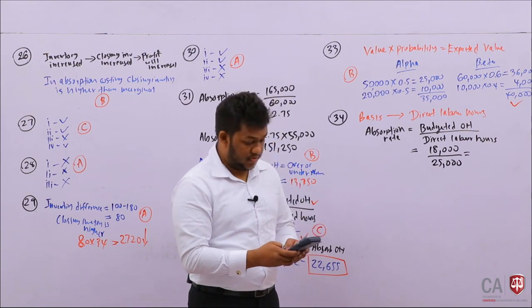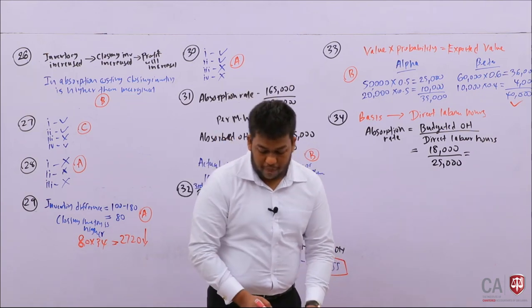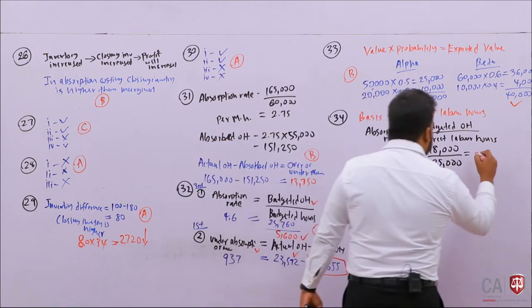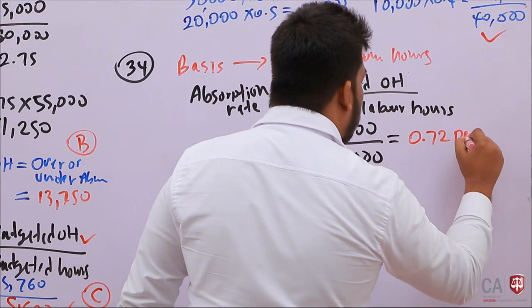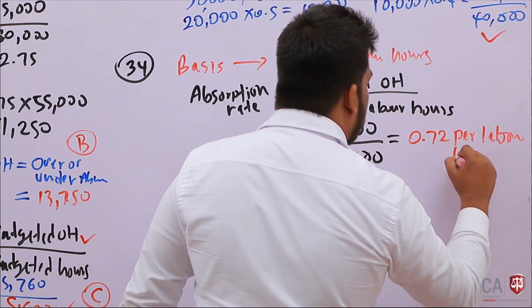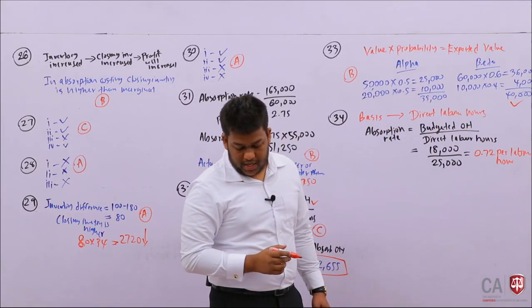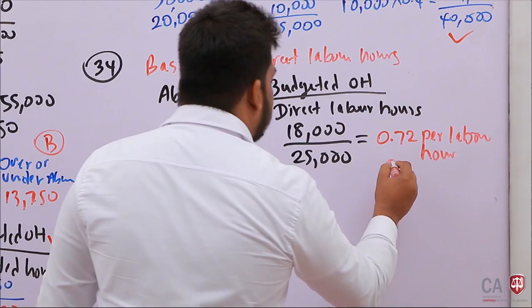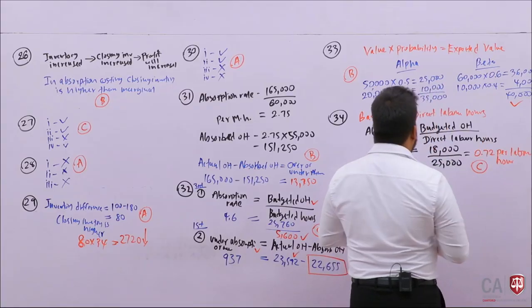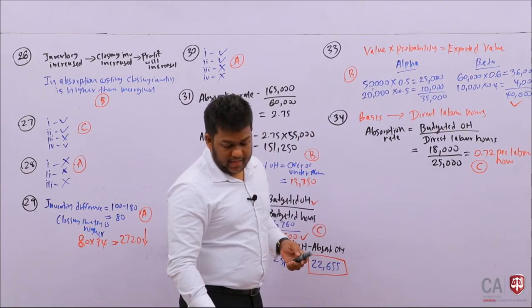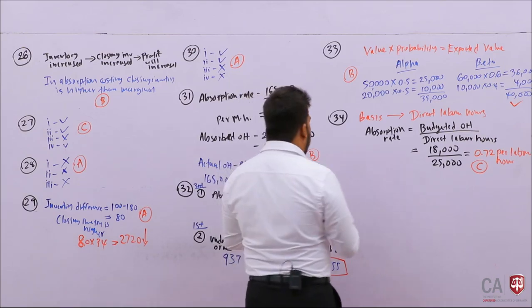Very easy question. 0.72 per labor hour. So what is the answer? Answer should be C. Right? Per labor hour. That is okay. Then go to question number 35.